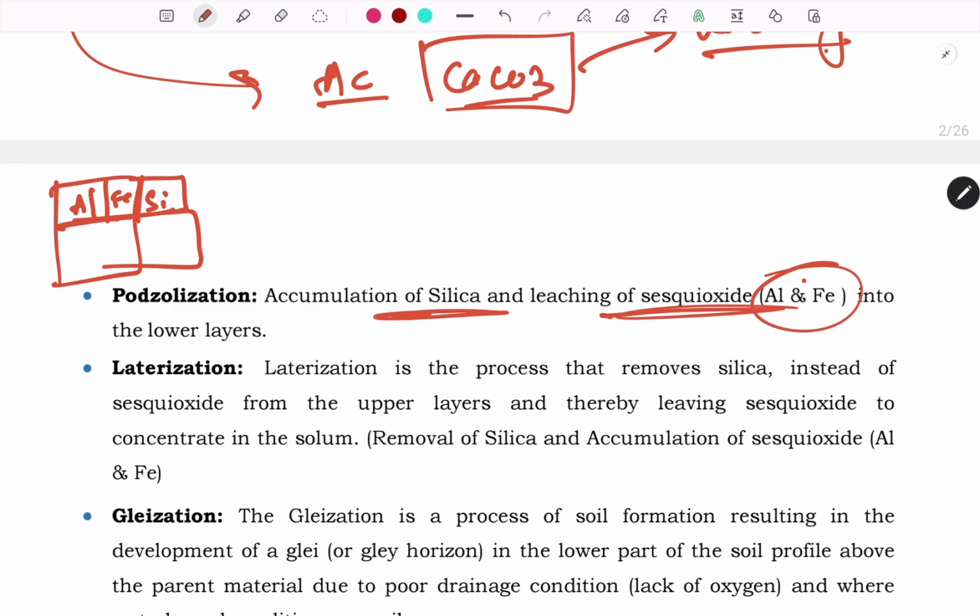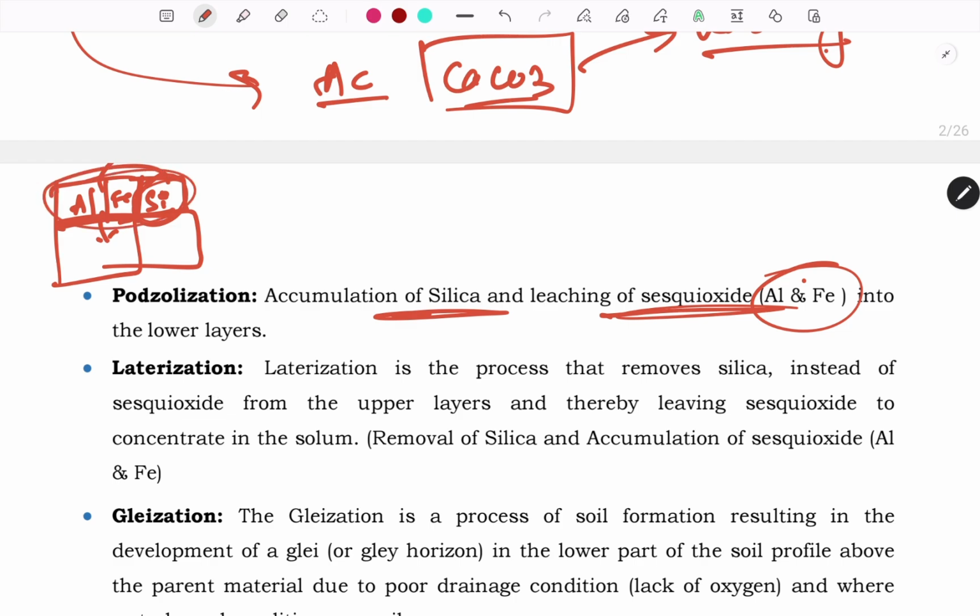See, if there is rain, if there is drainage of water, the silica will be accumulated here in this zone, and this aluminium and iron get leached into a layer below.